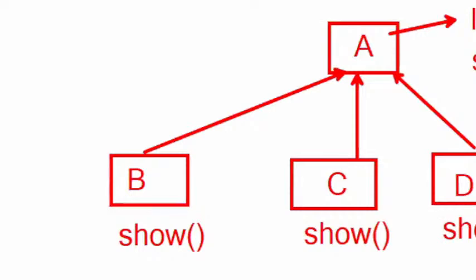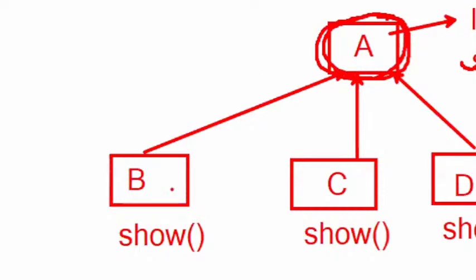Now you observe, A is an interface which contains one show method that is an abstract method, which has no body. Listen with more concentration. You will understand what is the purpose of interface.